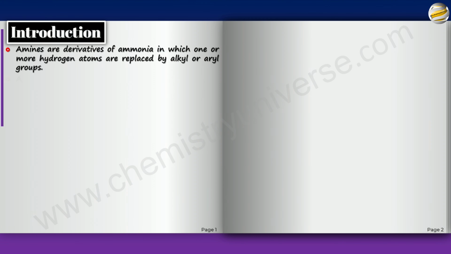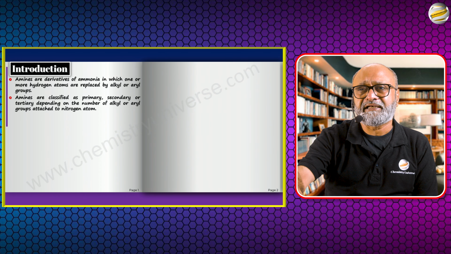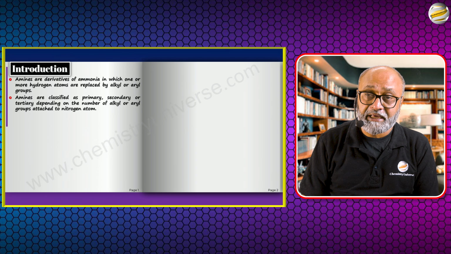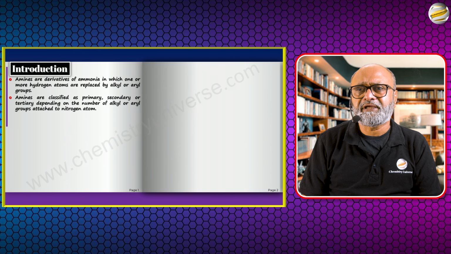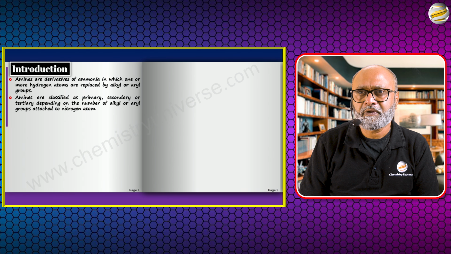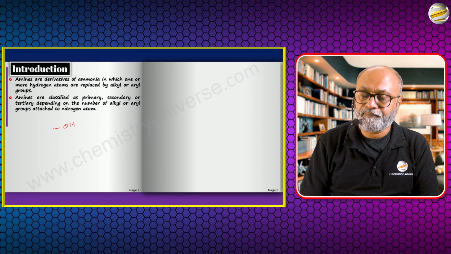And amines are classified as primary, secondary or tertiary depending on the number of alkyl or aryl groups attached to the nitrogen atom. Now, this is where I said things get a little interesting. I want to make this very clear in amines so that you understand what we are talking about. If we are looking at amines and alcohols, if I look at alcohol, the functional group is OH, right?